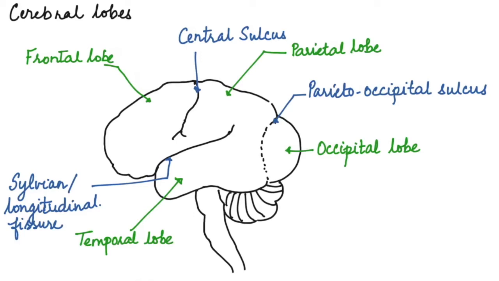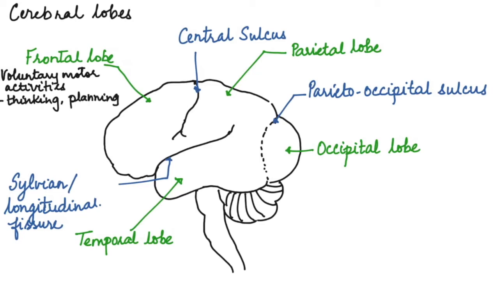Now, let us see the functions of these four lobes. The frontal lobe is concerned with the voluntary motor activities of the body. It is also responsible for thinking, planning, problem solving, and decision making.